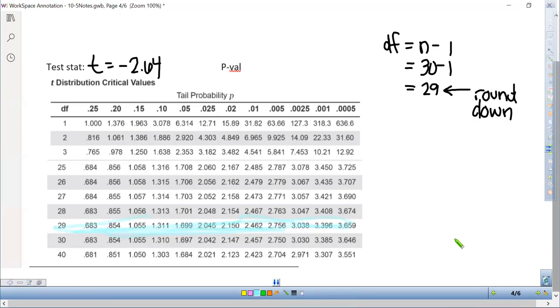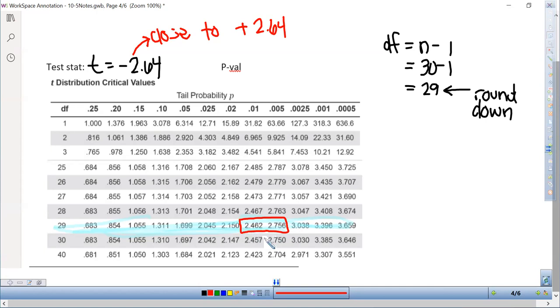Notice that it's negative, so this chart is only positive, so we're looking for as close to positive 2.64 as we can get. So if I'm looking for positive 2.64, I see that that is between these two numbers. It's between 2.462 and 2.756. So my T value is here in between those two numbers.